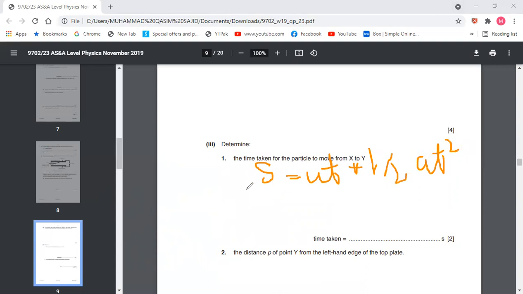So s, the distance, equals 1.8 centimeters. We must convert it to meters, so kindly check the units too. Now ut means the initial velocity, which is at rest, so this factor is 0, plus half. What is the value of acceleration we calculated?